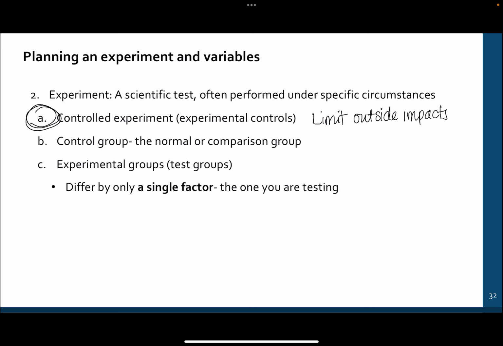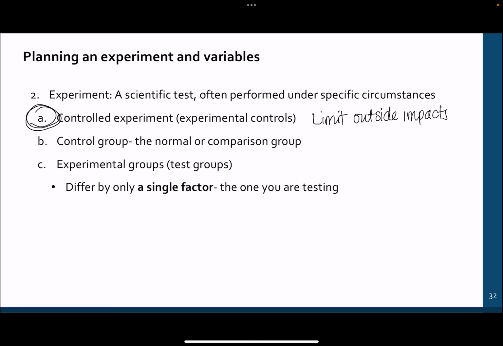Now, the control group is usually the normal or the non-treatment group. It's going to be used as your comparison to see if you make a change, whether or not that change has an effect. And so it acts as your baseline to say, with no changes at all, as is the way it's been going, this is the data I'm going to collect.